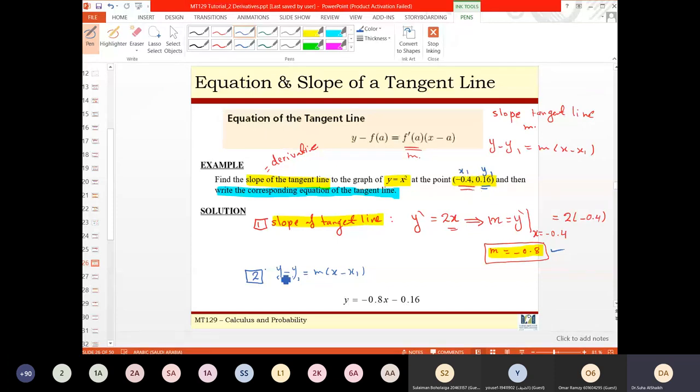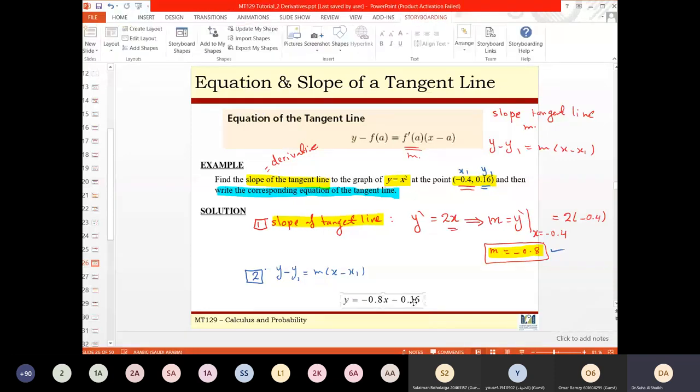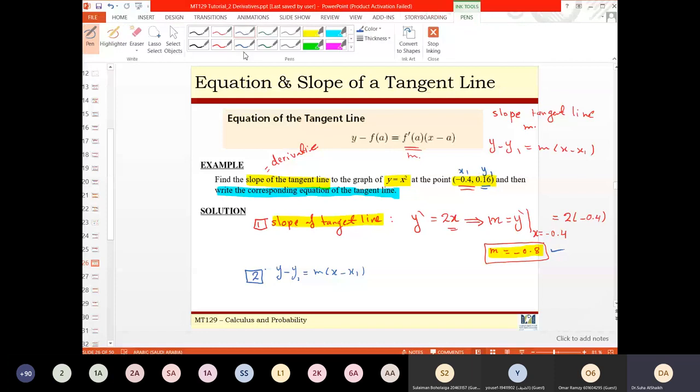So just substitute here and here. So I will get y minus the y1, which is 0.16, equal to the m, which is minus 0.8, times x minus x1, which is minus 0.4. It will be plus 0.4.